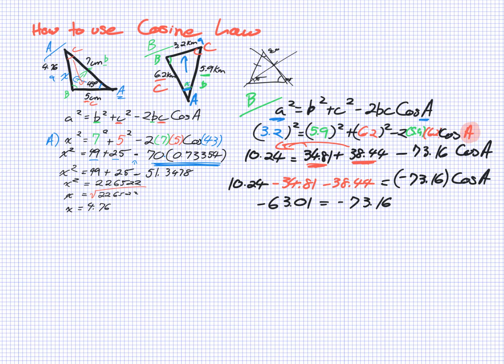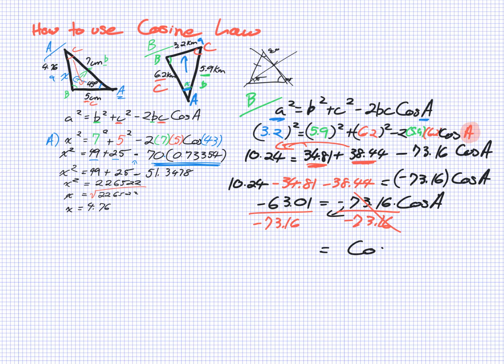Yeah. Good. So this is the harder way to use the formula. Then we have to divide by this, so we move this to the other side. This becomes divided by negative 73.16. Technically, you're dividing both sides by this, and they call it canceling out, or creating a 1.